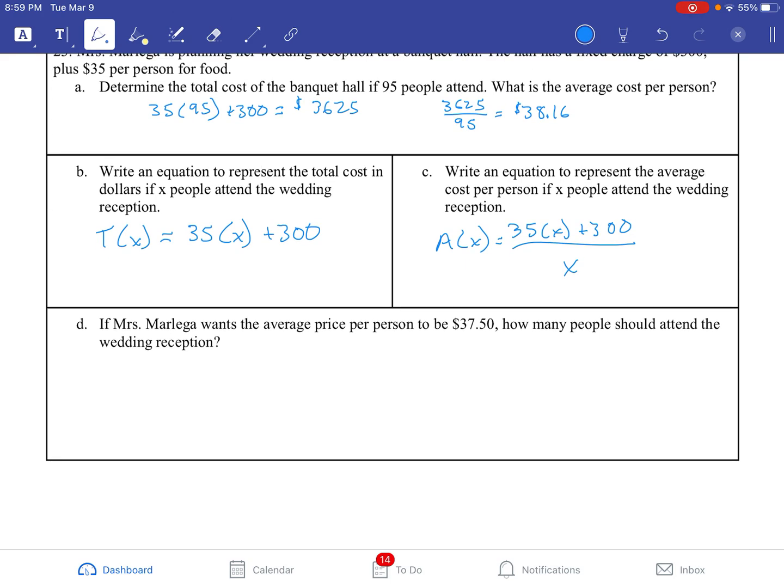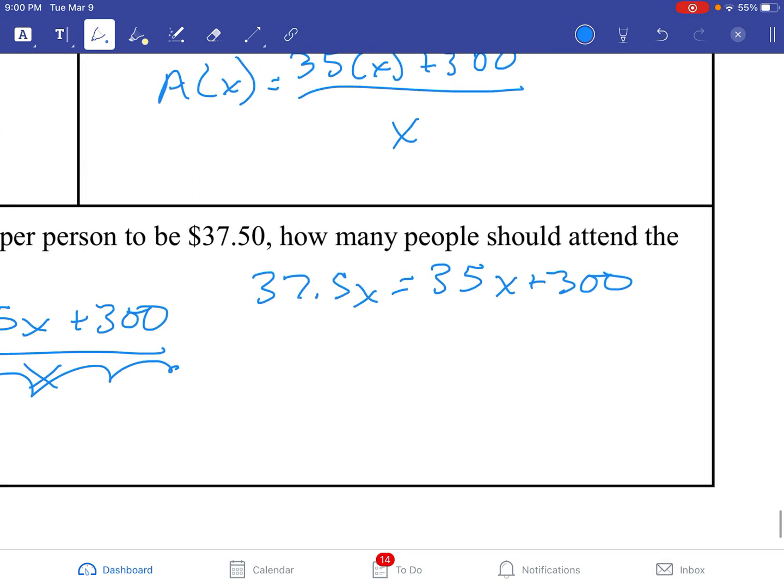And lastly, part D, Ms. Marliga wants the average price per person to be $37.50. How many people should attend the wedding reception? So we're going to take that and set it equal to the average cost. The left side is missing the x term. You can cross that out. So I have 37.5x equals 35x plus 300.